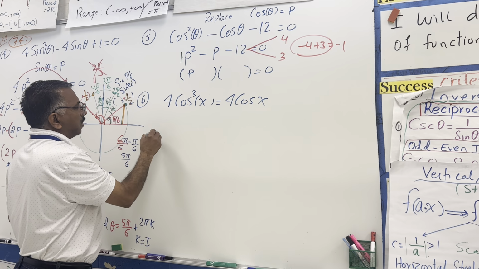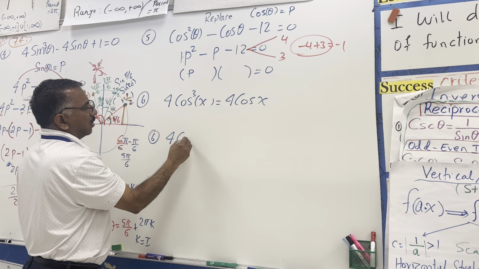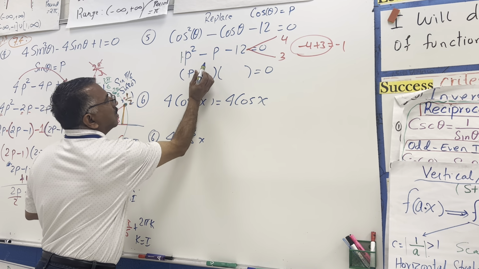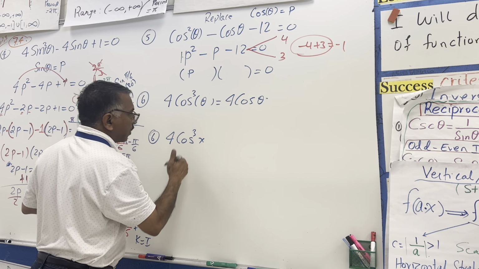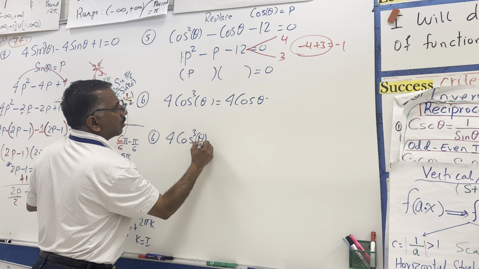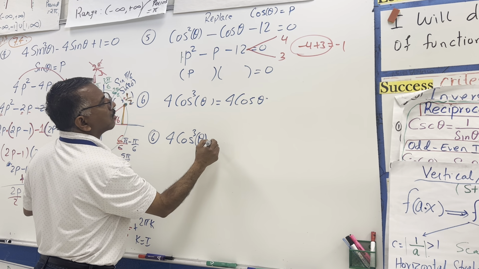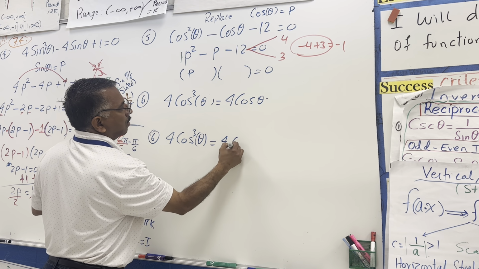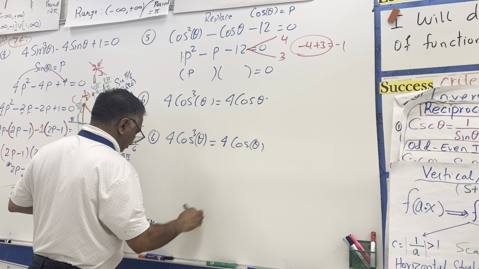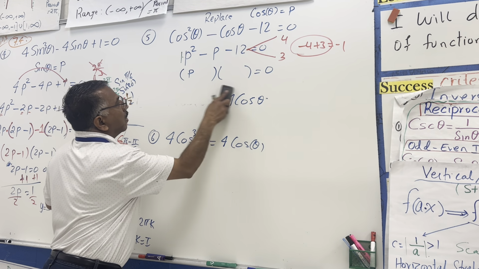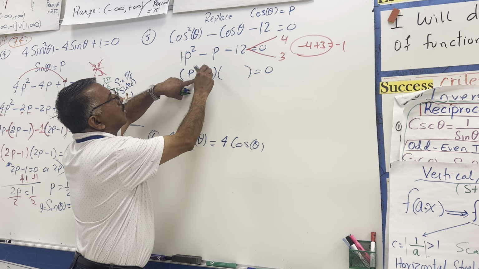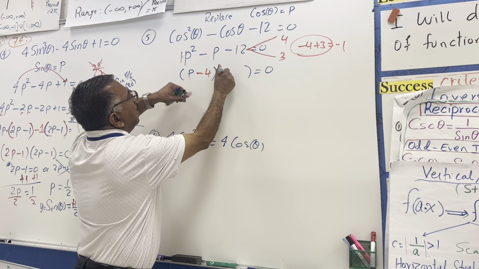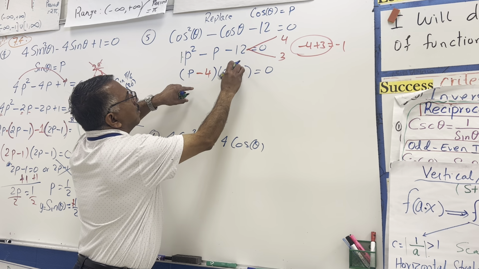Let me write this 6th problem here. Instead of x, let me put theta. So this is p minus 4 and p plus 3, sorry.